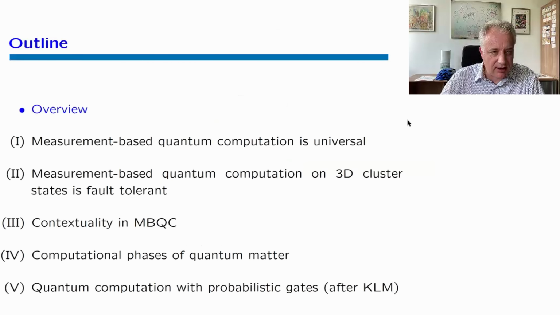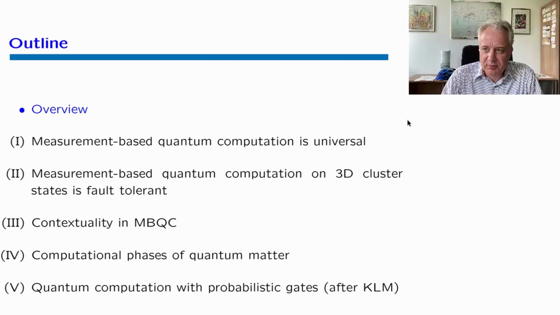Here is an outline of this part of the lecture that is concerned with measurement-based quantum computation. I will begin with an overview, just where measurement-based quantum computation stands and what it is good for. Then come the technical parts.